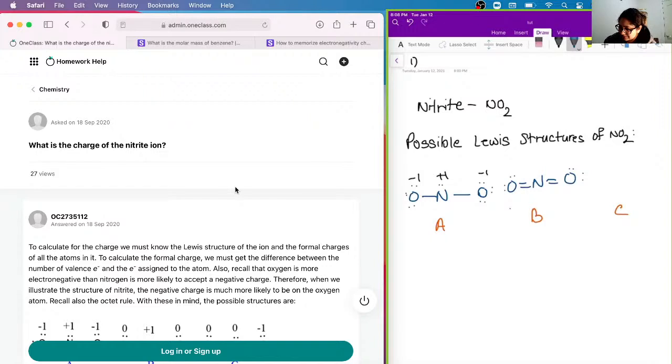And nitrogen, as you know, could form 3 bonds, but it doesn't really obey the octet rule here. Since nitrogen has 2 lone pairs, right? And in this case, it doesn't have any more electrons, right? So it makes this positive. And in this case, oxygen has a charge of 0.